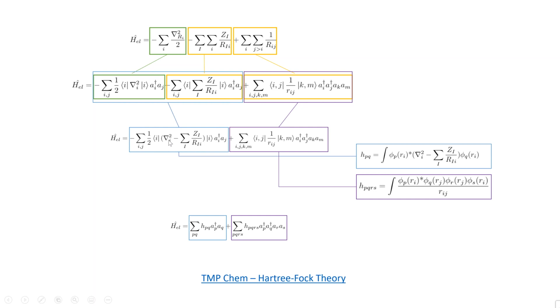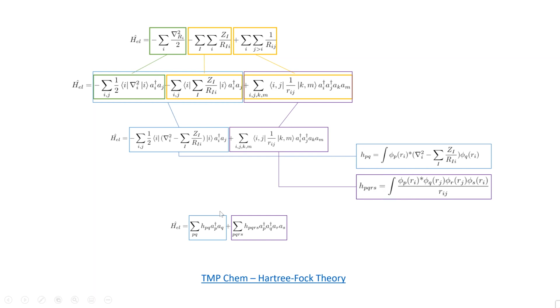So this represents the one electron integral you'll see here. You can see it's a similar structure, and I'll let you look into it. And this is a two electron integral, which looks like this. And so you can see how they have a similar form.